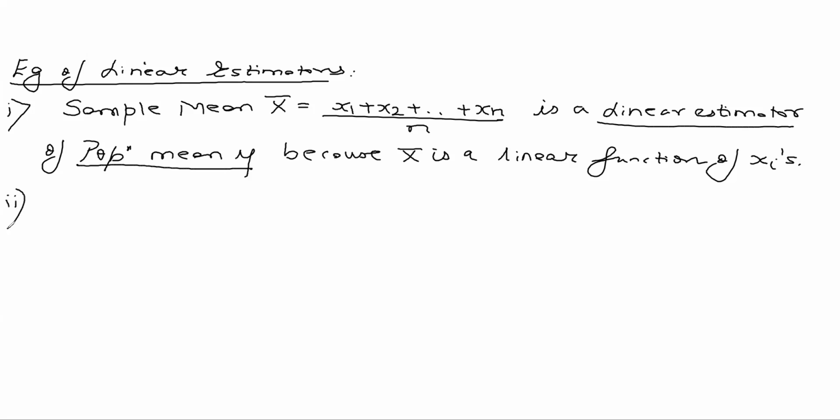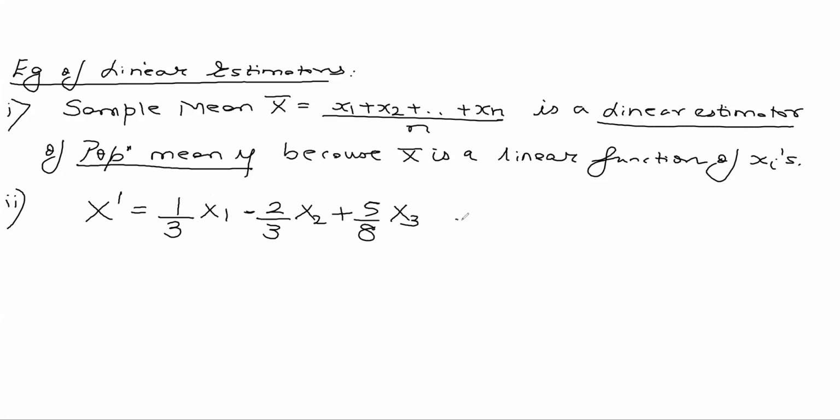Similarly, if I define one estimator, suppose x dash, hypothetically. X dash is what I've taken in my lecture note: 1/3 of x1 minus 2/3 of x2 plus 5/8 of x3. Suppose this is my estimator.